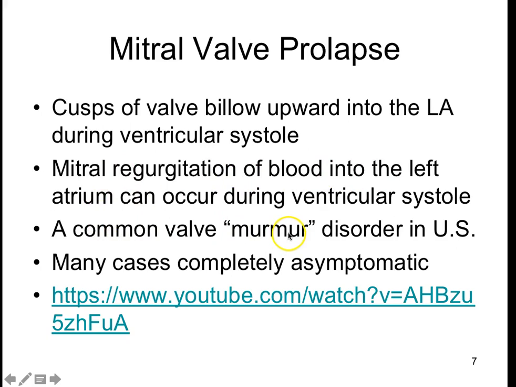It's a common murmur, mostly asymptomatic. Why asymptomatic? Because, let's say, the amount of blood that regurgitates back every time it contracts is fairly minor. Could it get worse? Absolutely.